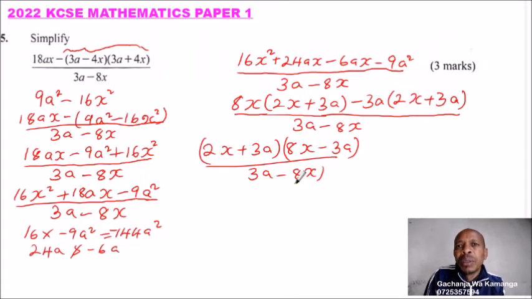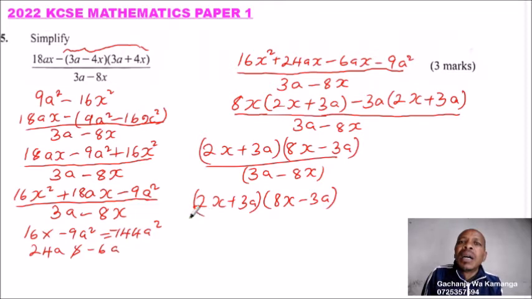So what we do is we factor out minus 1. So we'll be left with 2x plus 3a, and we have 8x minus 3a. When you factor out minus 1 here, this will change to negative, and this is positive. So we can now start with 8x minus 3a.